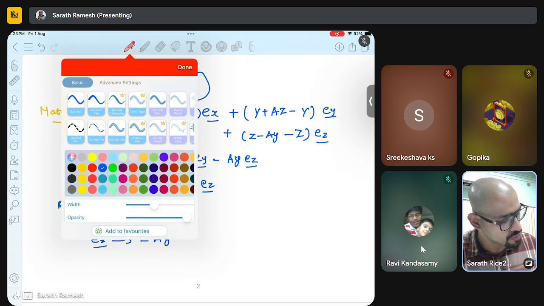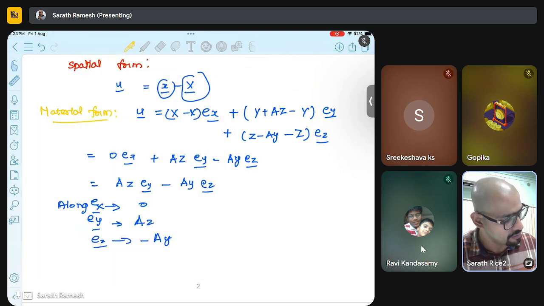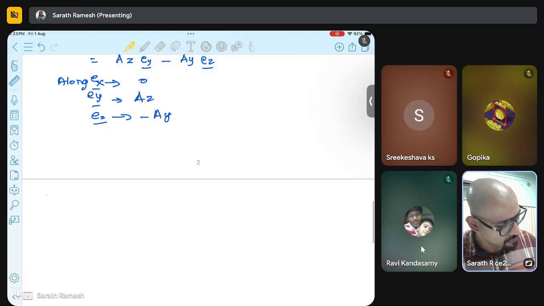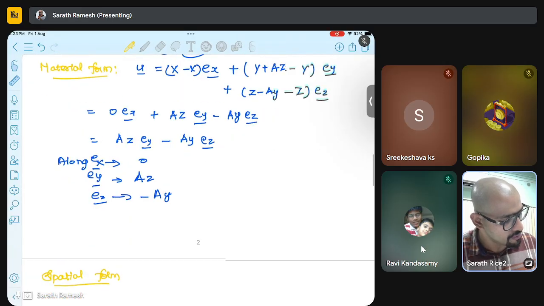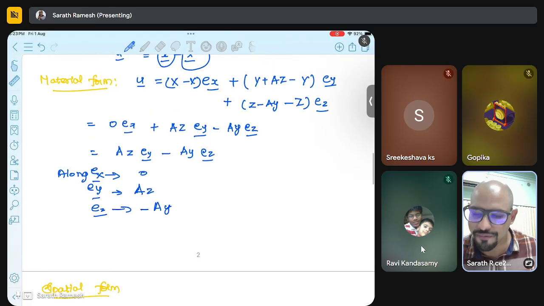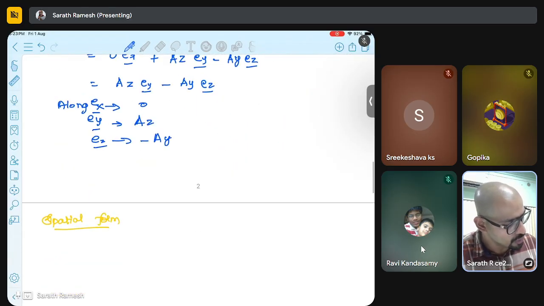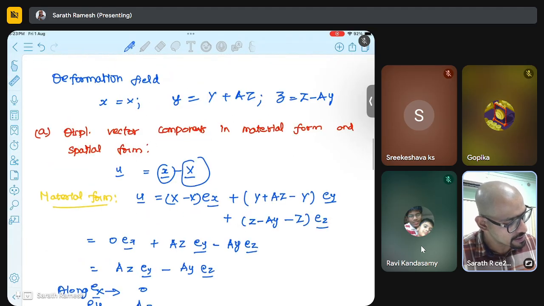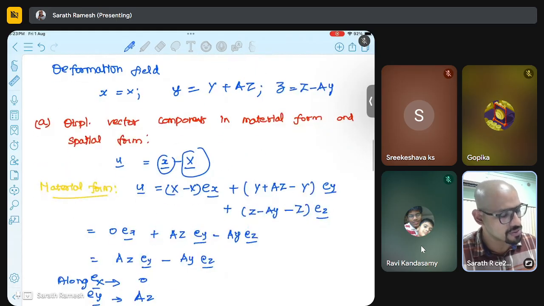Next, let's move on to the spatial form. How to solve the spatial form? Same, but instead of the reference configuration, we are going to go with the current configuration. So the u vector is equal to small x vector minus, instead of capital X vector, we have to substitute small x.